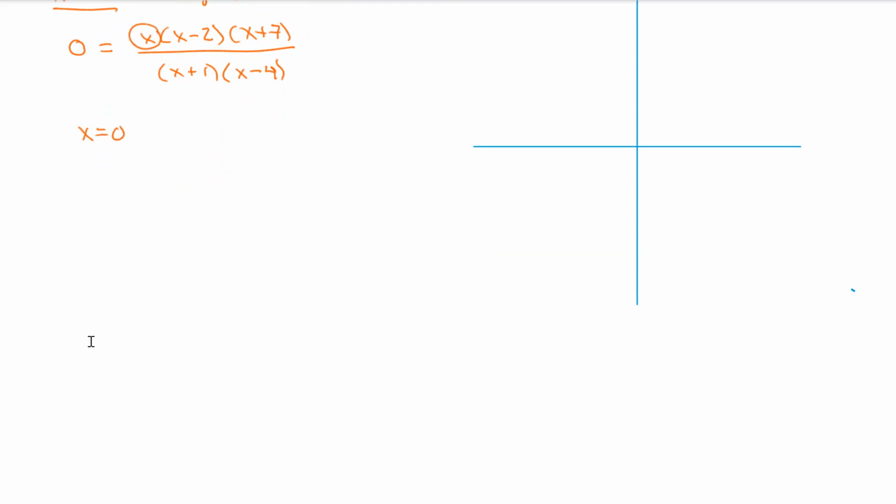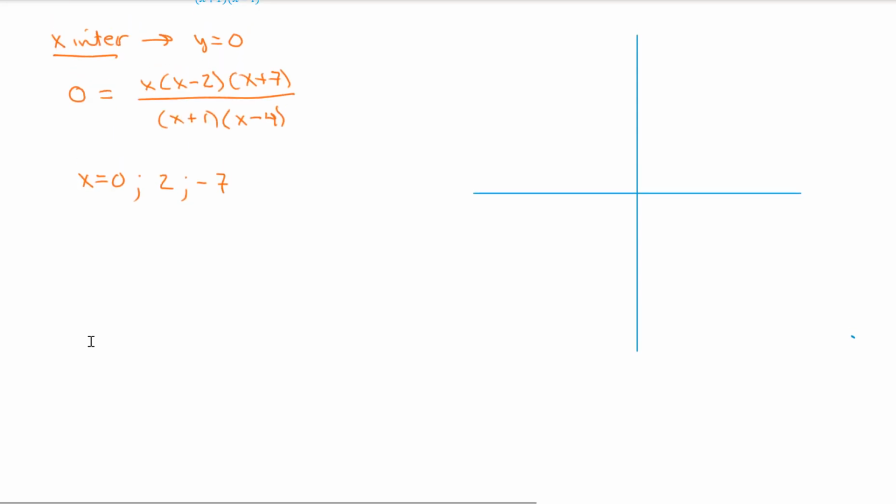See it right here, x is 0. The numerator equals 0 occurs right here if x is 2. The numerator right here equals 0 if x is negative 7. So this gives us 3 locations where we're intersecting the x-axis.